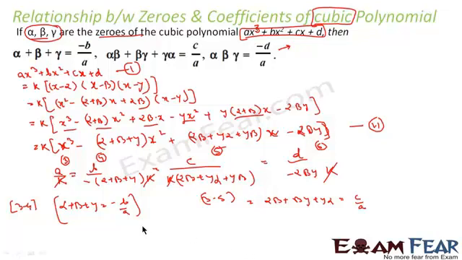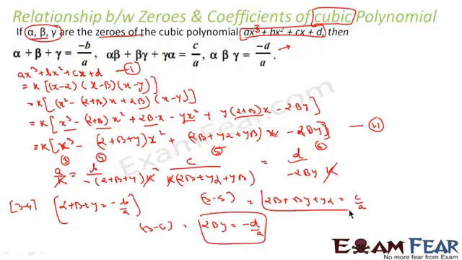And if you compare 3 and 6, you get alpha beta gamma is equal to minus d by a. So we have three equations.